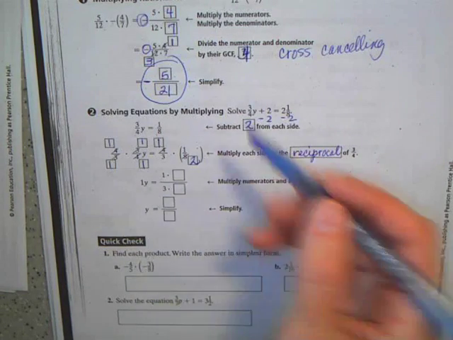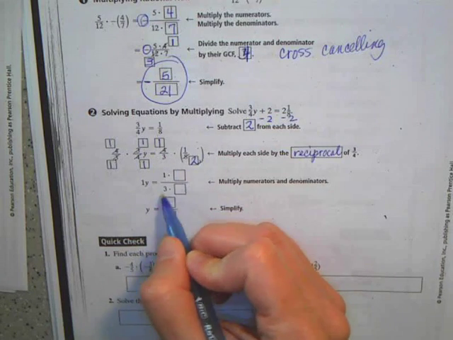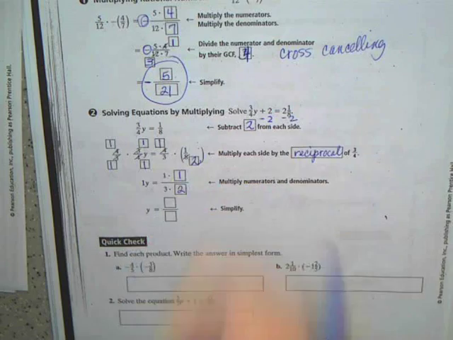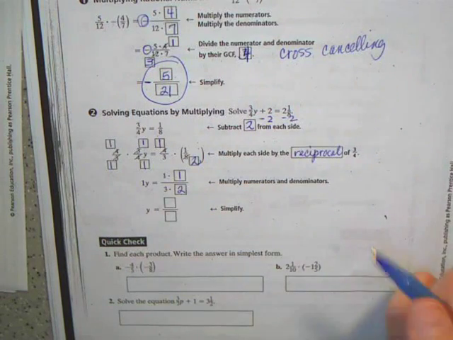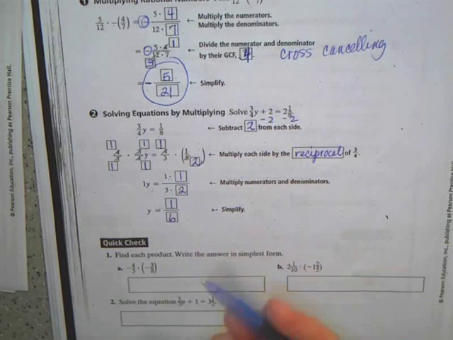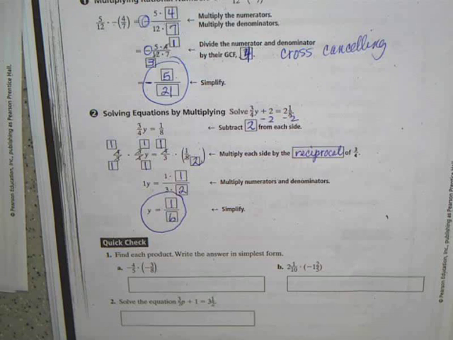Okay, so what that leaves me after all of that is 1/3 times 1/2. Okay, simplify a step further. 1 times 1 is 1, 3 times 2 is 6. So my final answer is y equals 1/6.